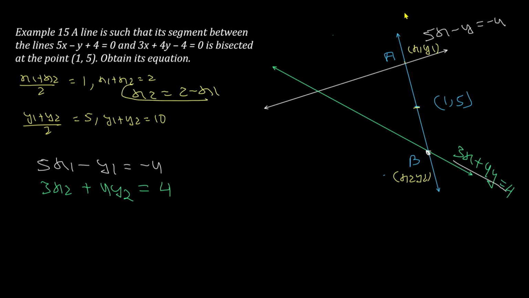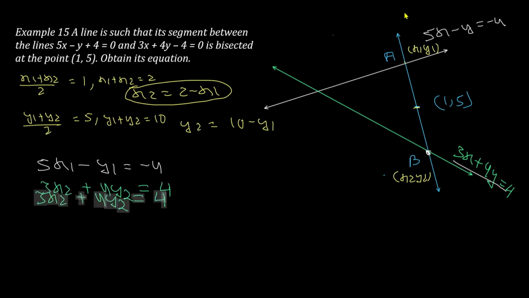And I'm going to do the same for the second also. I can write y2 as 10 minus y1. That is what I'm going to do, replace this x2 and this y2 as we have obtained.